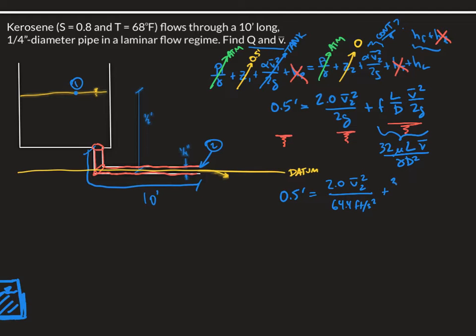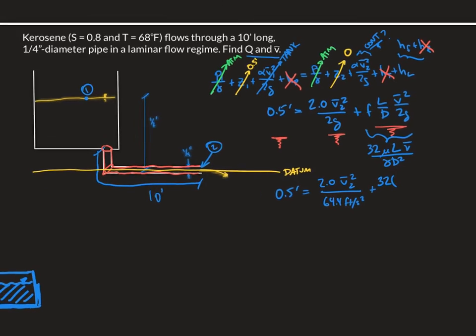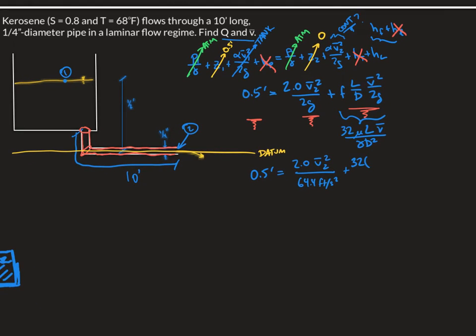So it's 32. The viscosity of kerosene at that temperature is 4 times 10 to the negative fifth pound-seconds per foot squared, a miserable unit, times 10 feet long pipe, times the velocity, which we're going to call V2. It's just the same velocity through the whole pipe, right?